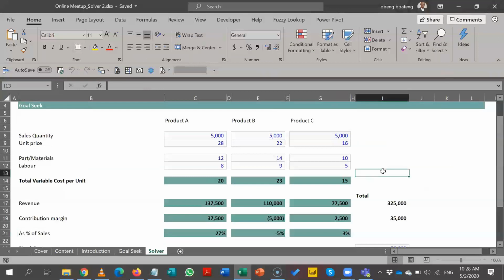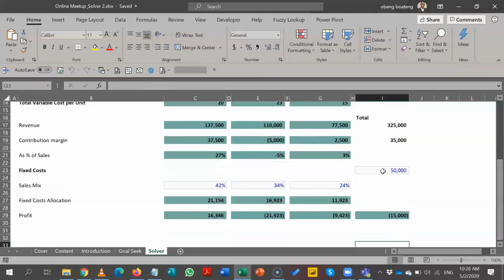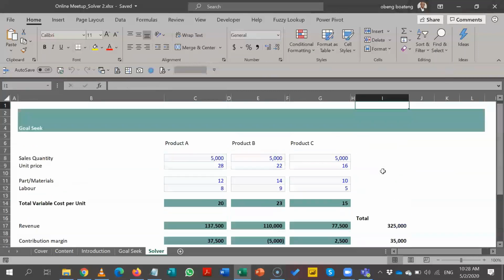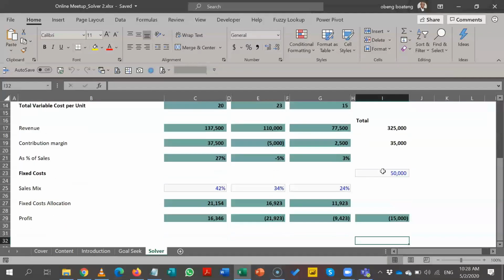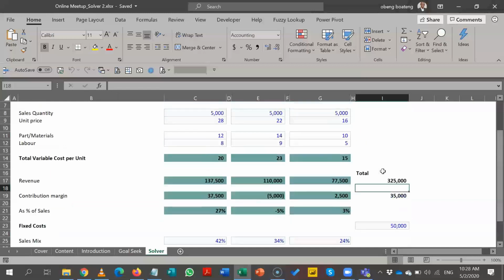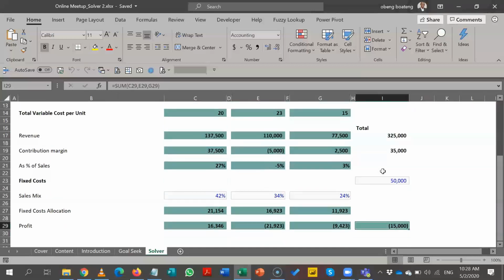Okay, let me quickly do this and we are out of here. Now, we have this model, and again, we need to find a break even. So the break even is where this is equal to 0.